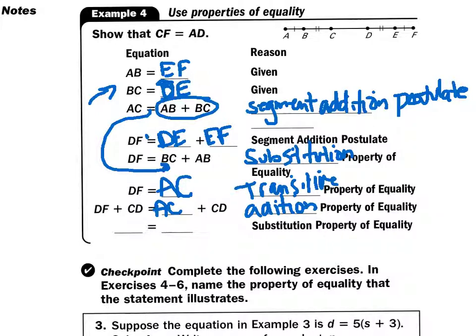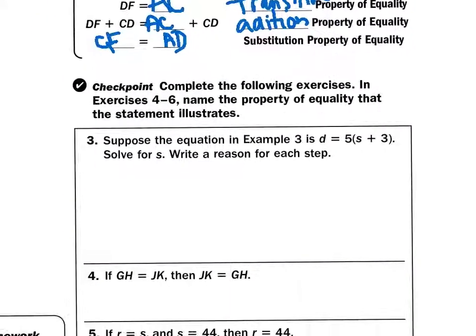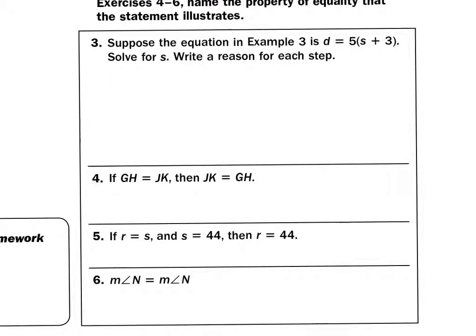And then finally, we always end with the point that we want to prove: CF equals AD, because we can substitute it in. Okay, seems a little complicated, but you'll get the flow pretty soon. So checkpoint, complete the following exercises. Name the property of equality that the statement illustrates.